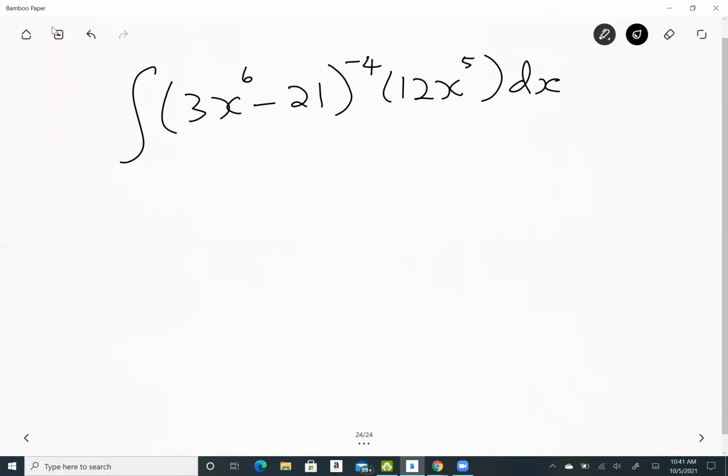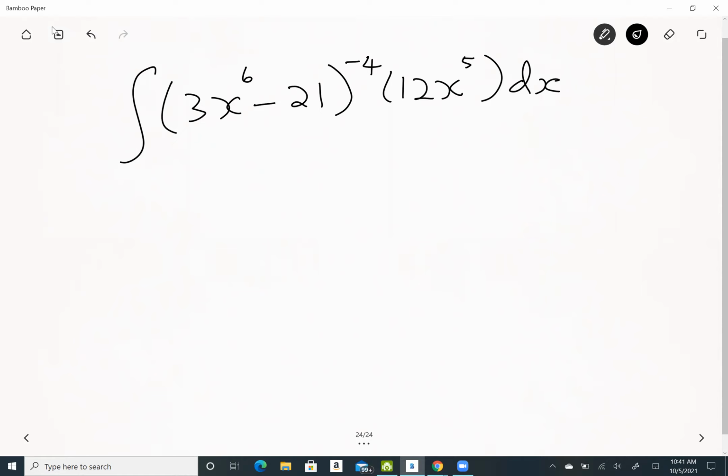Now what is in the equation? 12x to the power of 5, which is not u prime. How can you have 18 in the equation, because that is u prime.